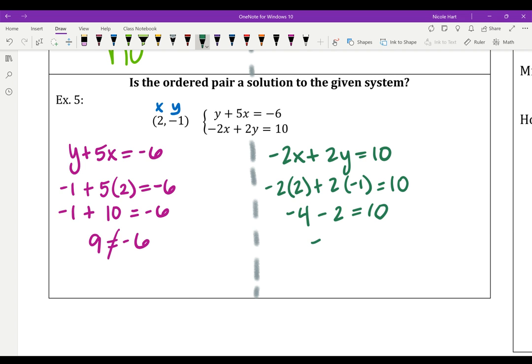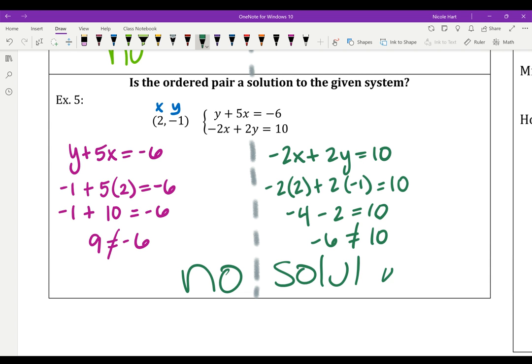Negative 4 minus 2 is negative 6. So that is also not equal to 10. So that is also not a solution for the situation that we have going on. So keep that in mind. Plug it in, check to see if it works, and then move on.